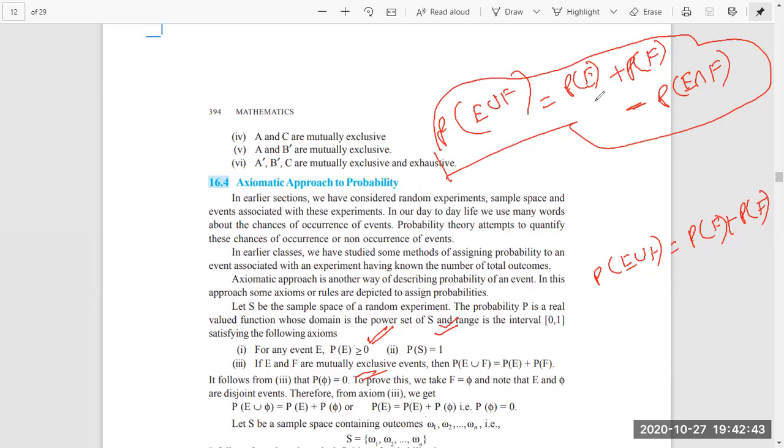If there is any common thing between them, then that probability is subtracted. If E and F are mutually exclusive, E intersection F is phi, or nothing, so this term becomes 0, and this becomes the probability of E plus the probability of F.